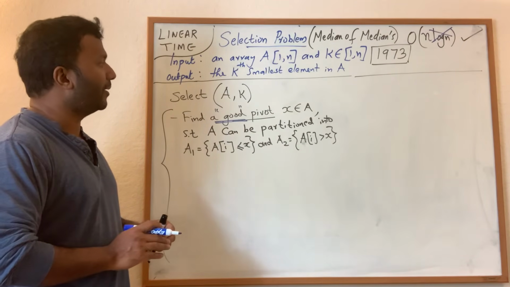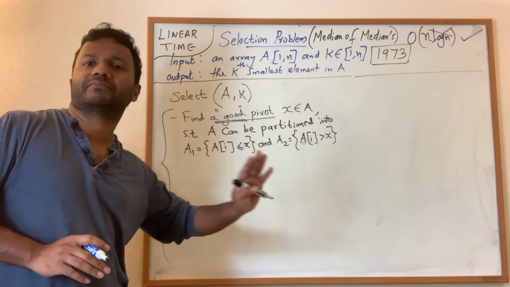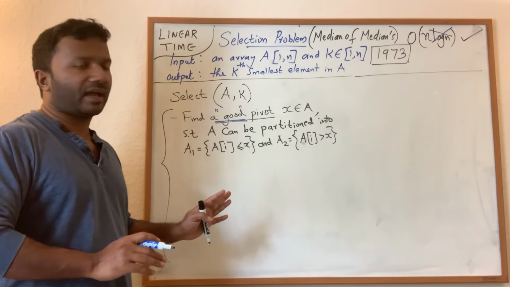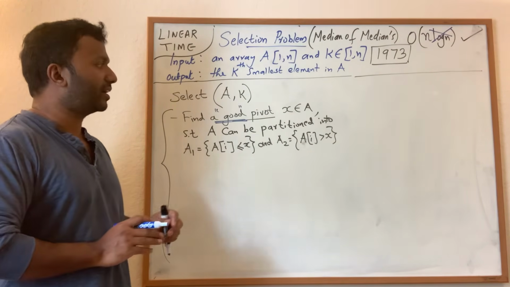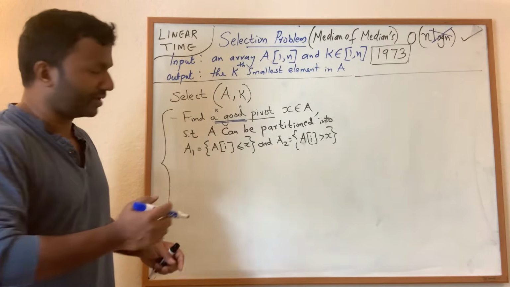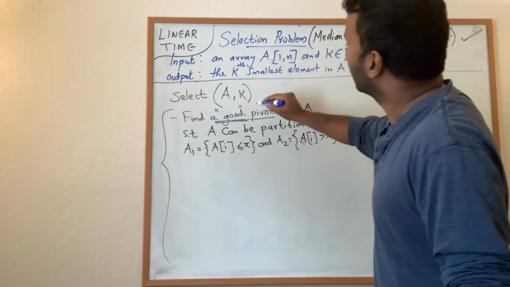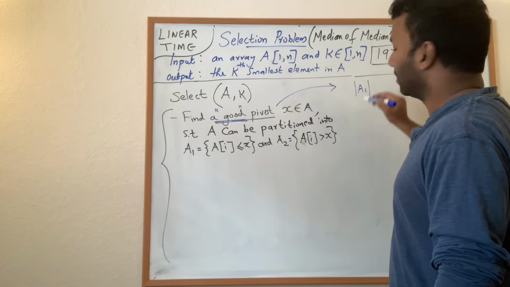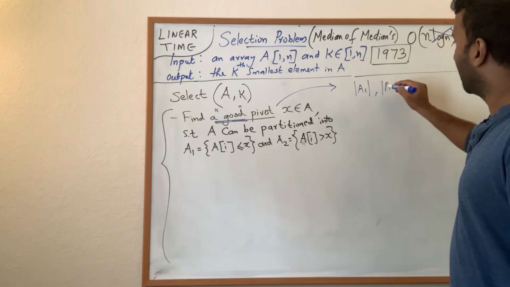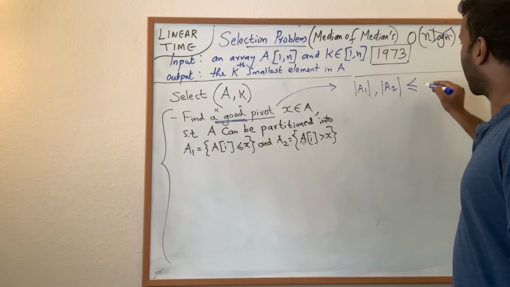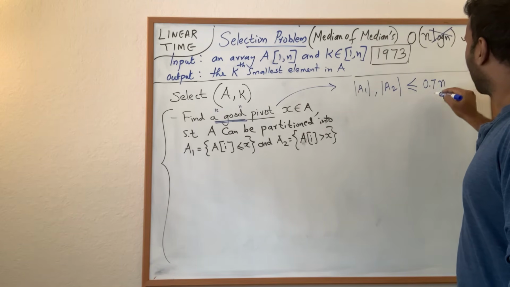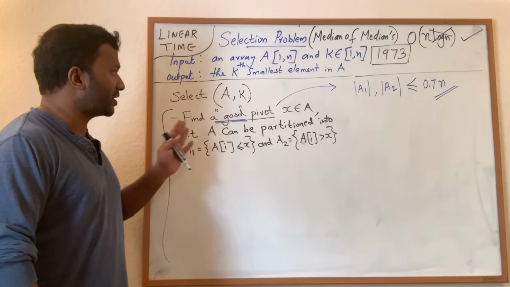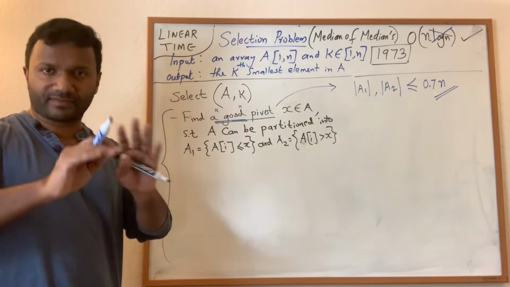Maybe at most 70% can go to one array and the remaining should go to the other array. So the exact meaning of good is that the size of A1 and the size of A2 should each be at most 0.7n. 0.7 means 70% of n. That's what I mean by a good pivot.